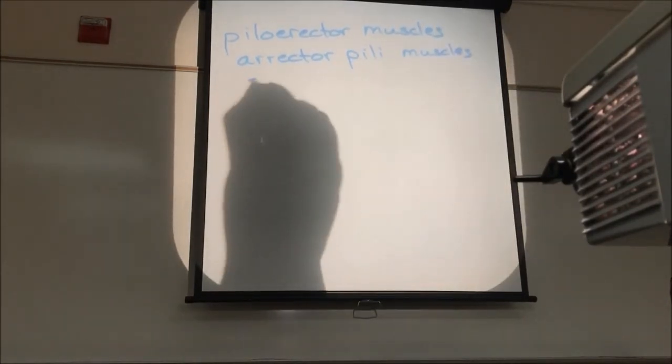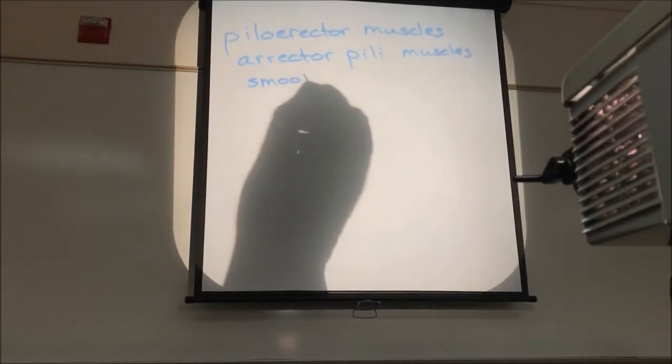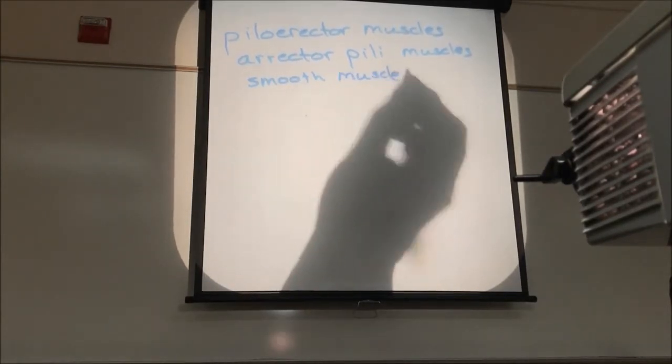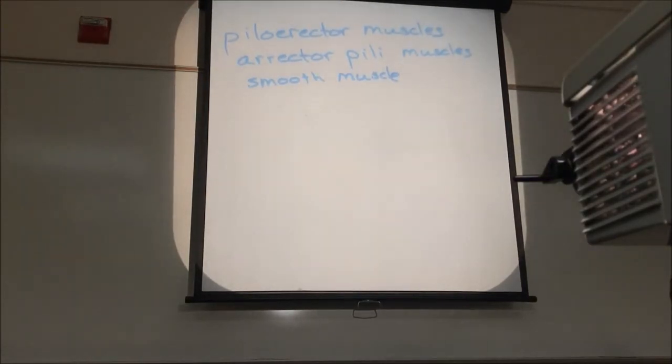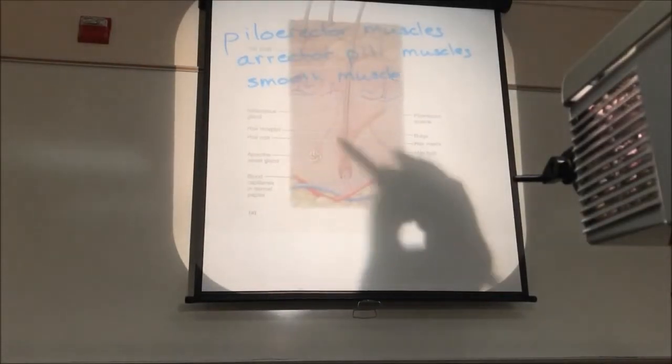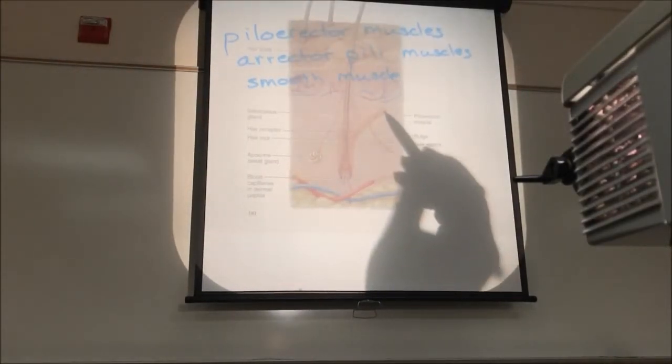These are smooth muscle. One end of the smooth muscle structure is attached to the hair follicle, and the other end is anchored into the collagen fibers of the dermis. And you'll notice that they're kind of at an angle here. Okay?